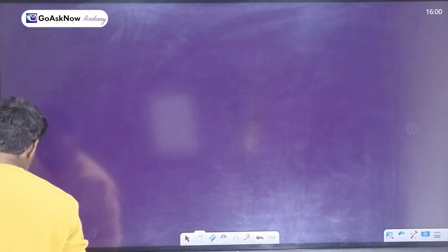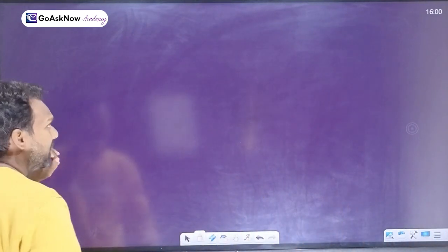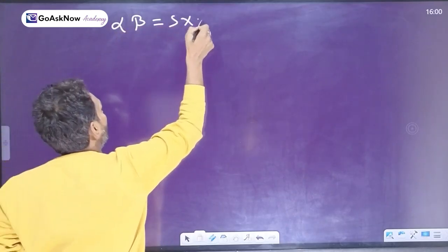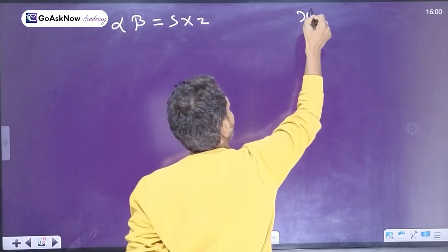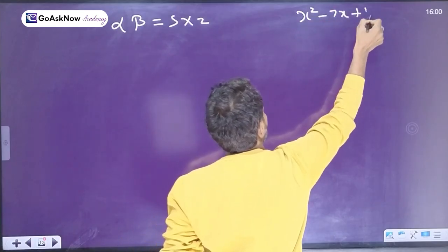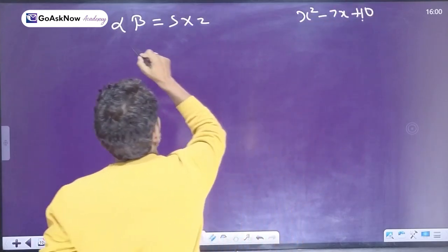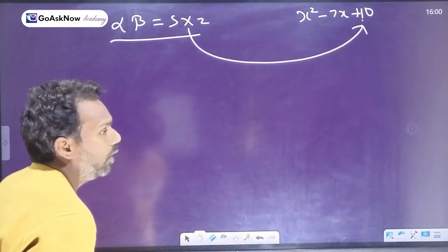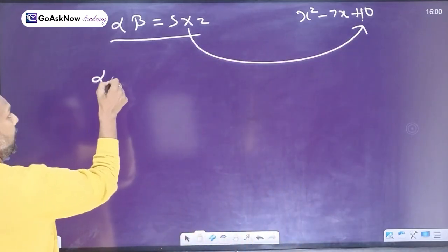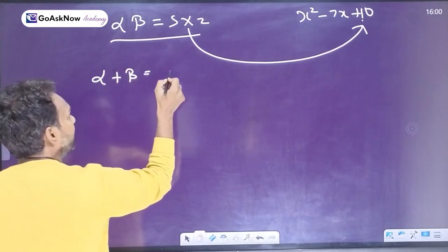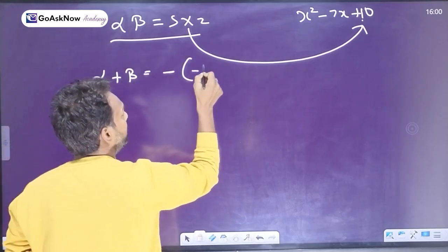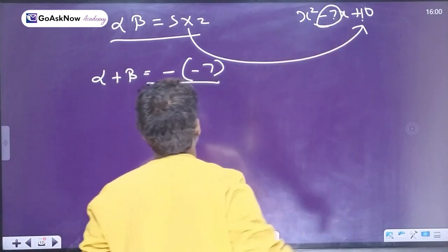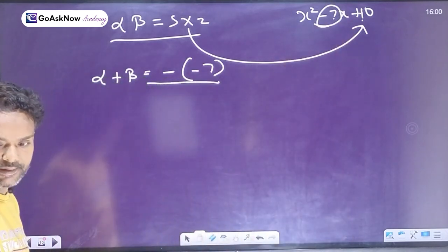Okay. Now if we see that alpha into beta, 5 into 2, for the equation x square minus 7x plus 10 is equal to this. Also, alpha plus beta is equal to minus 7, means minus of this. Okay.